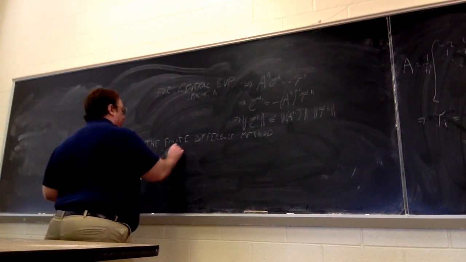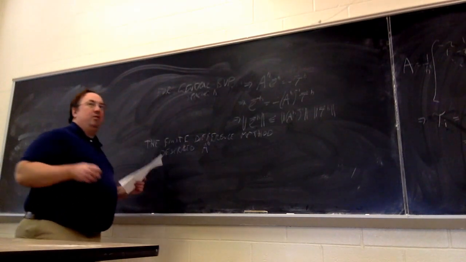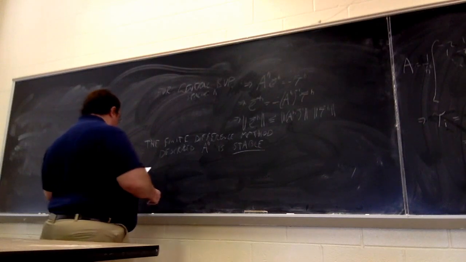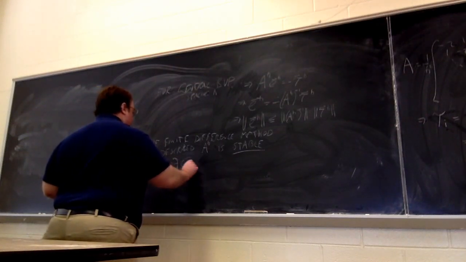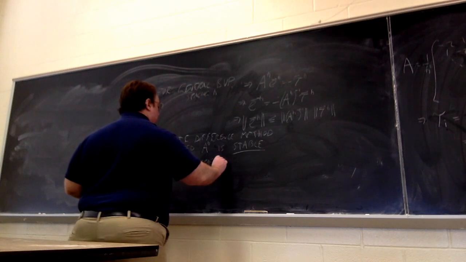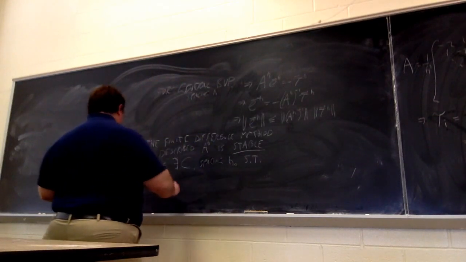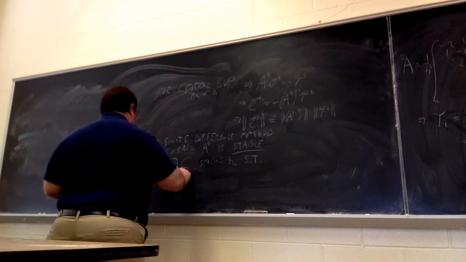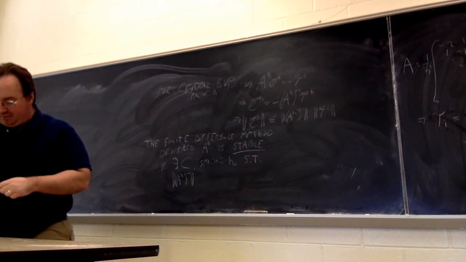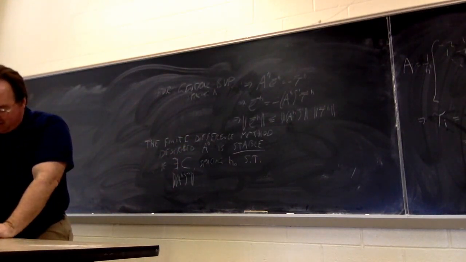The finite difference method described by A_h, because A_h incorporates whatever stencil you're using, is stable if there exists some constant C and some particular grid spacing h_0, such that this norm that we're concerned about, and I'm just marking these typos here, they are supposed to be A_h inverse, like I've written it here, but in one place in the notes I wrote A inverse h.